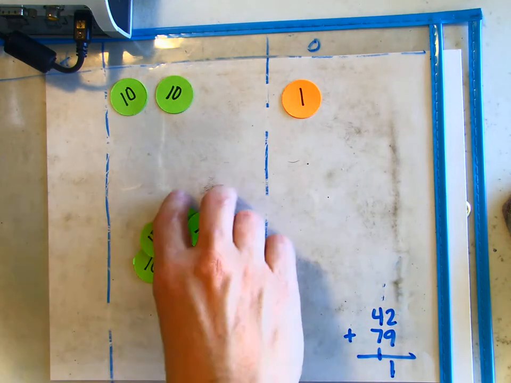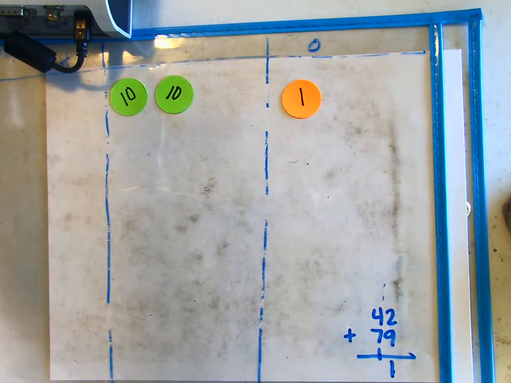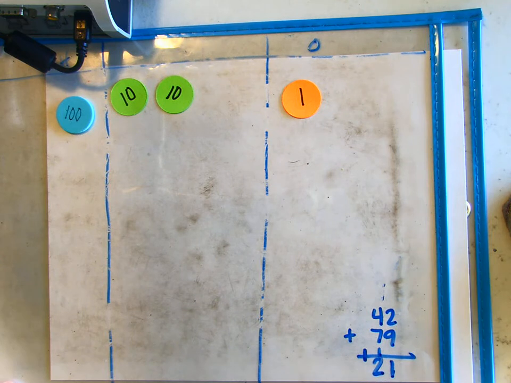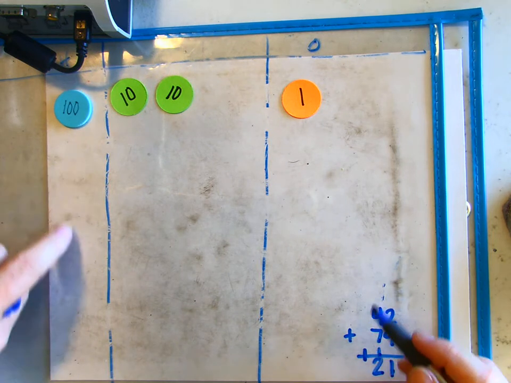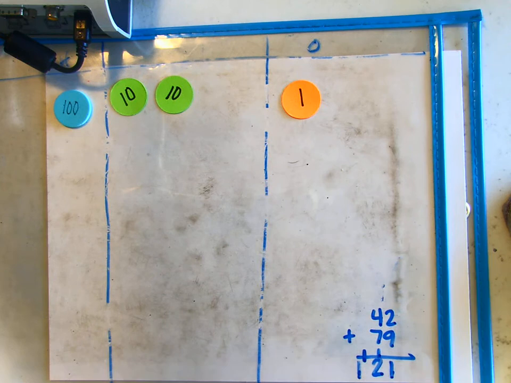I'm composing or bundling my group of 10s and swapping it out for 100. 10 tens is the same as 100. I have to record it here. I added 100 and I have 2 tens left. Now, there's nothing to add there to my hundreds, so I only have 1. 1 plus nothing is 1.